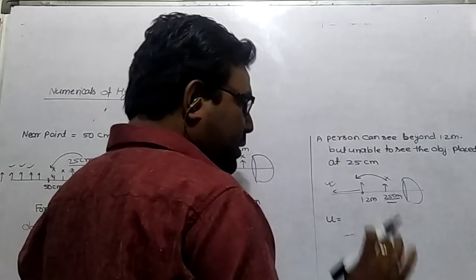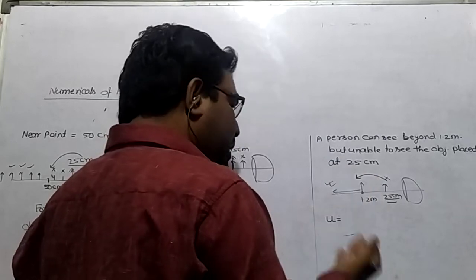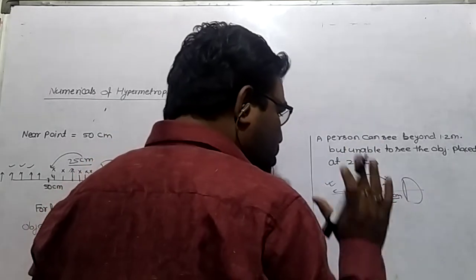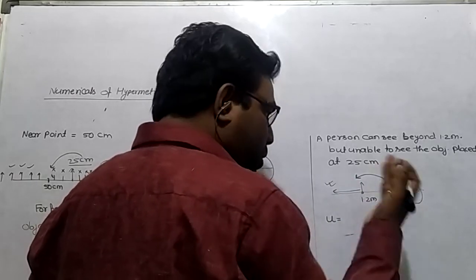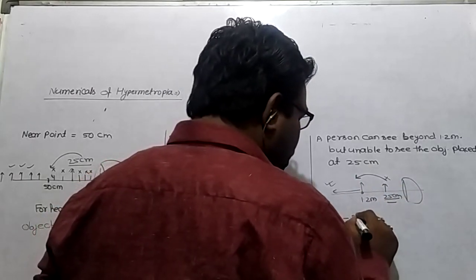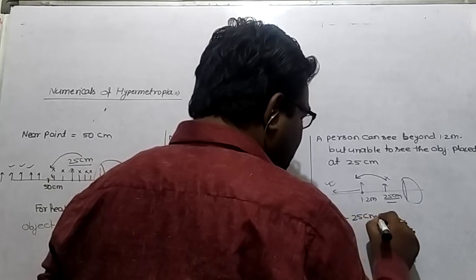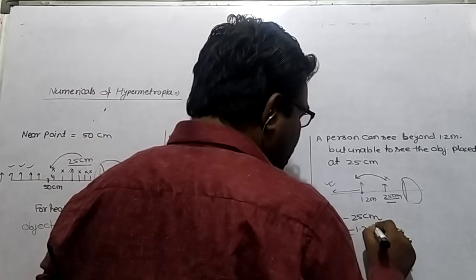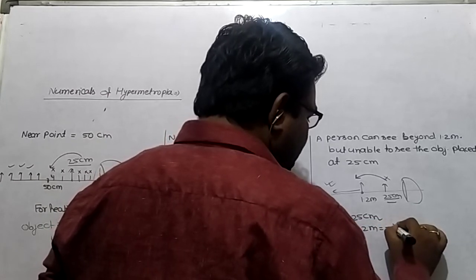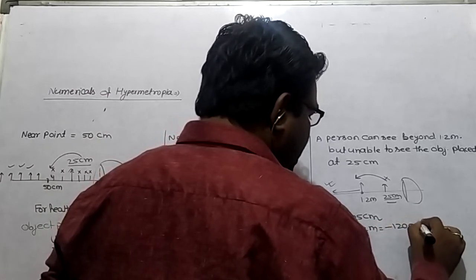But the object is placed at 25. So u is equal to minus 25 centimeter and v is equal to minus 1.2 meter. When you convert into centimeter, that is 120 centimeter.